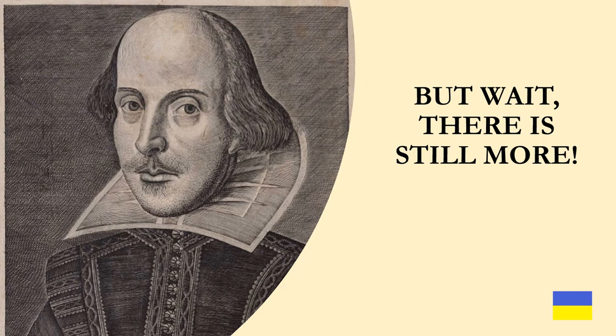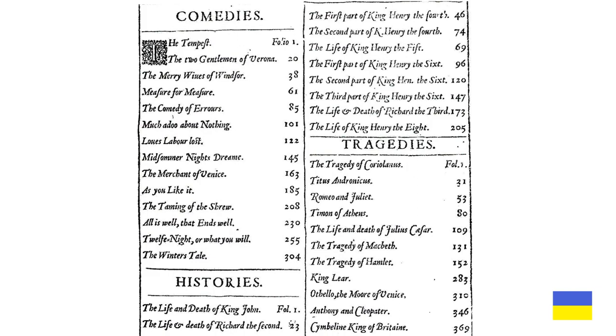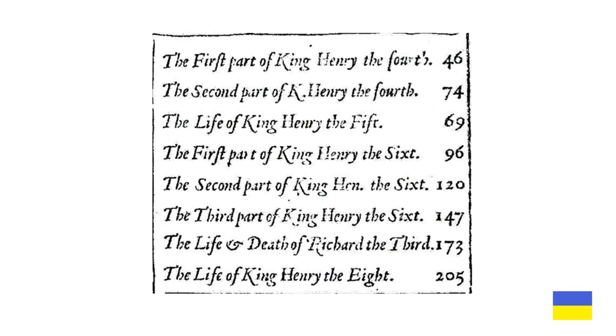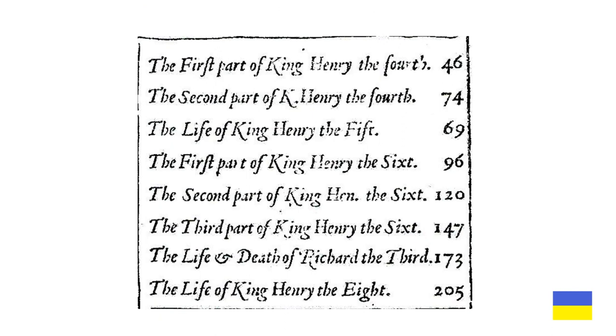There is still more. I ask myself a simple question. Why are the titles for the two parts of King Henry IV inconsistent with the rest of the column in the histories?